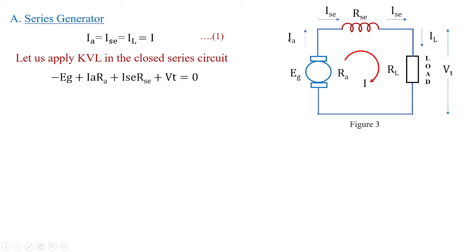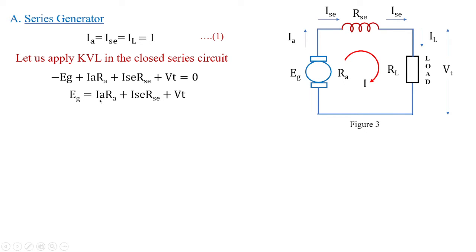Then you have the current flowing in Rse, so another drop is obtained across this resistance. And in the load, we have terminal voltage, which is equivalent to ILRL, I am just replacing ILRL with VT. So this is how you apply the KVL.